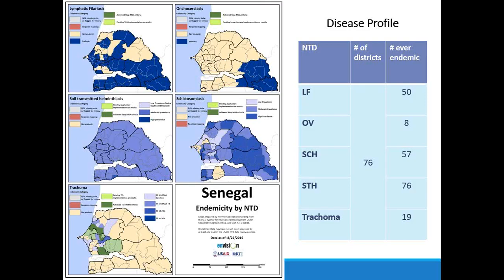You have schistosomiasis endemic in 57 districts, soil-transmitted helminths endemic in all the country in the 76 districts, and trachoma endemic in 19 districts. So this was just to give you a picture of the disease profile in Senegal.